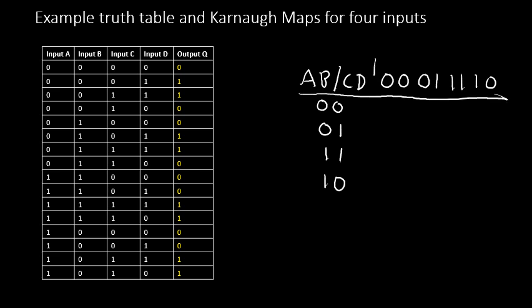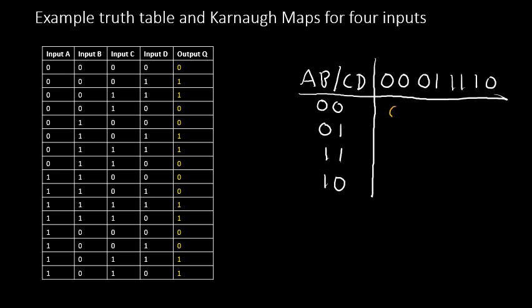And then we fill our table in for our outputs. Again, we'll do it in yellow just to distinguish the inputs from the outputs. For the top row here we have inputs A, B, C, and D all 0, so our output is 0.